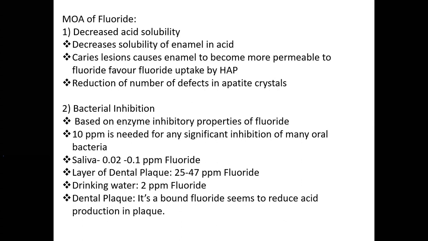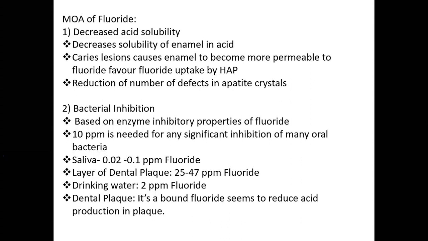Second, caries lesions cause enamel to become more permeable to fluoride, favoring fluoride uptake by HAP. The caries occurring on our tooth surface, they initiate the enamel to become more permeable to fluoride.